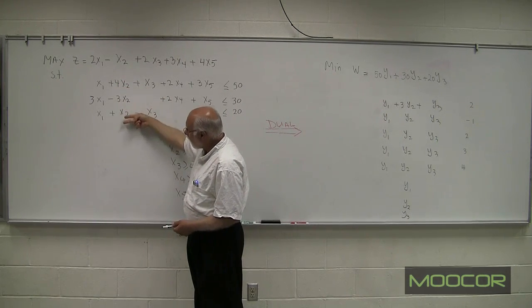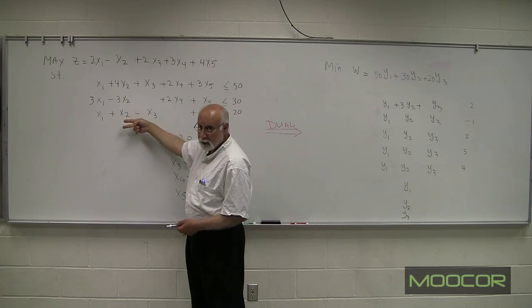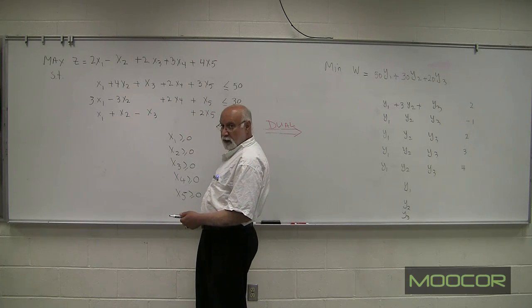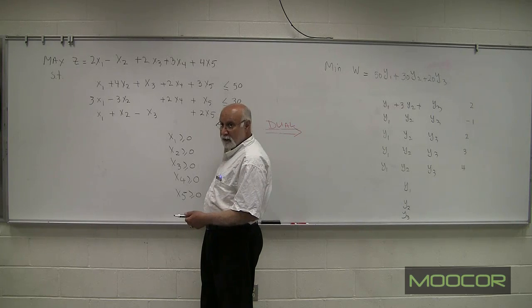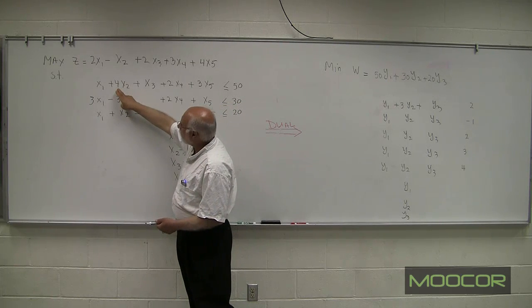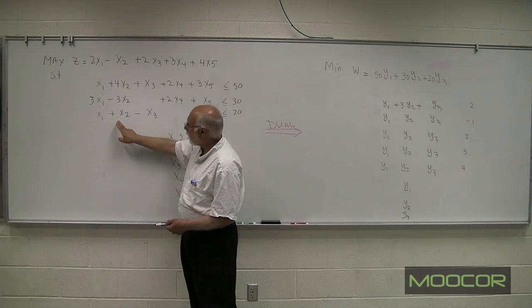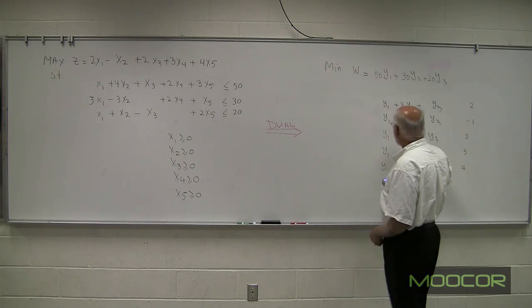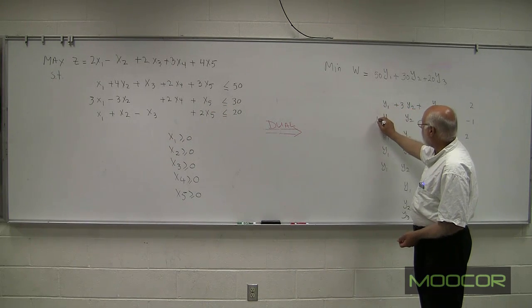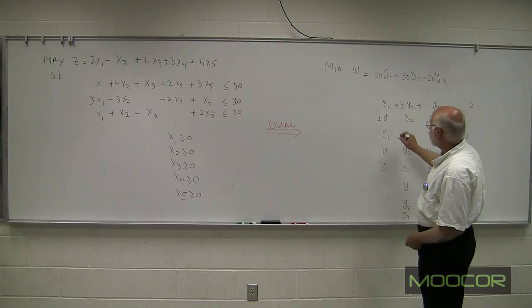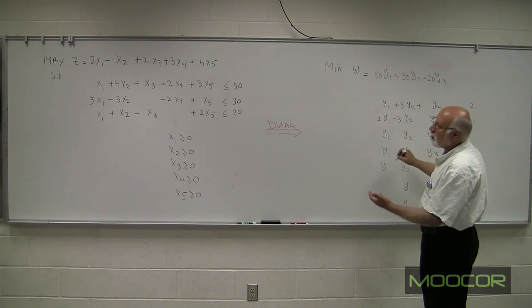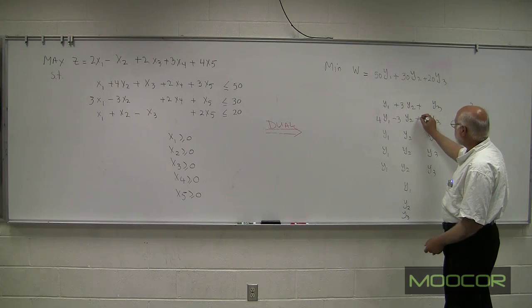The coefficients of x2 in here become the coefficients of the second constraint there. So it's plus 4, minus 3, and plus 1.